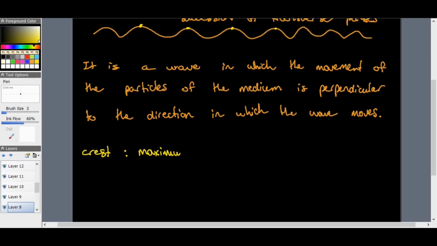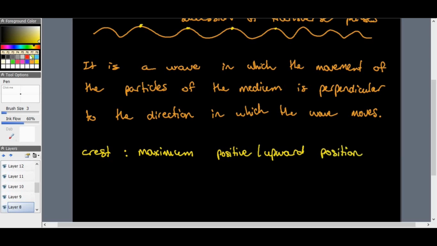A crest is the maximum positive or upward displacement or position.